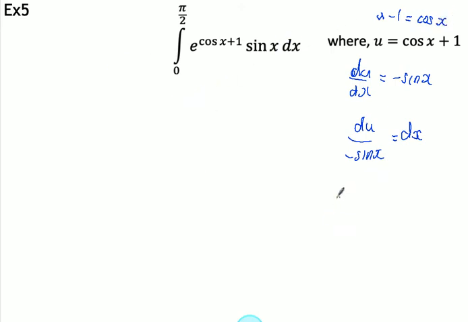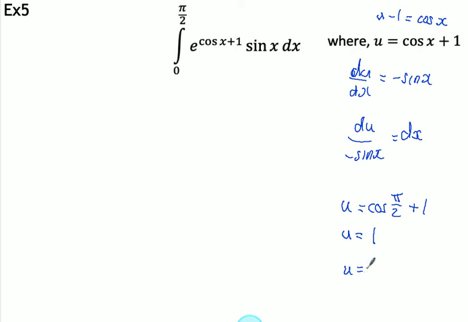Should we sort the limits as well? So u equals cos pi over 2 plus 1. So in that case, cos of pi over 2 is cos 90, which is 0. Add 1 is 1.